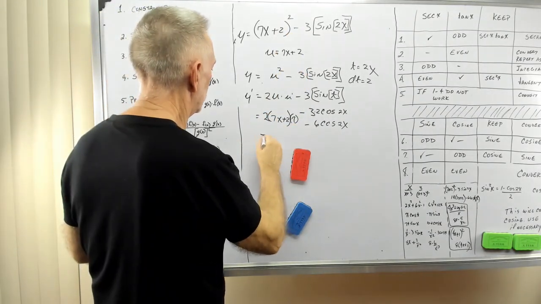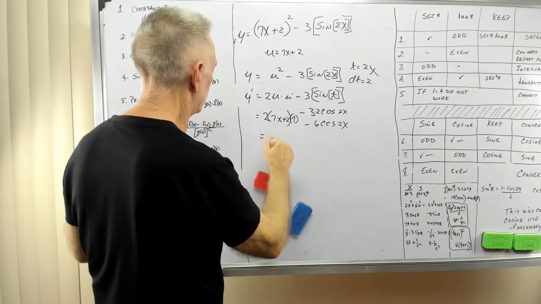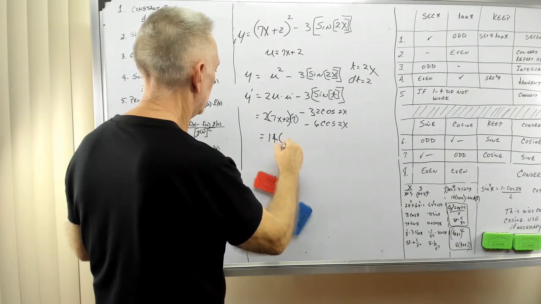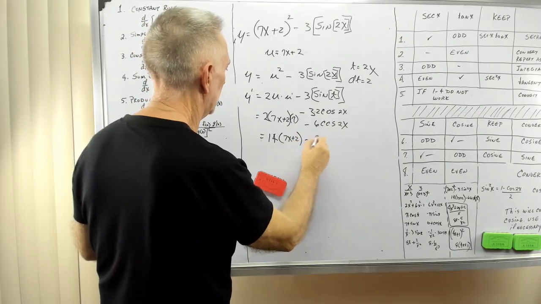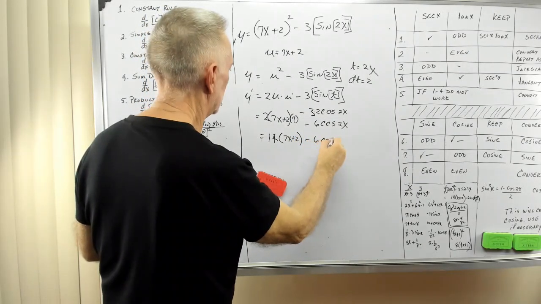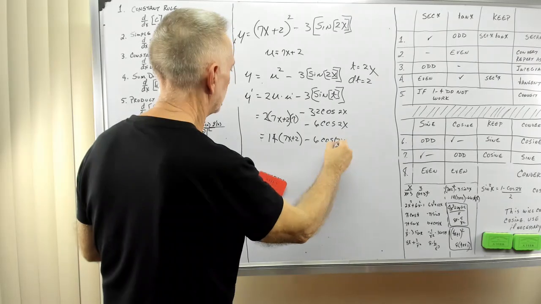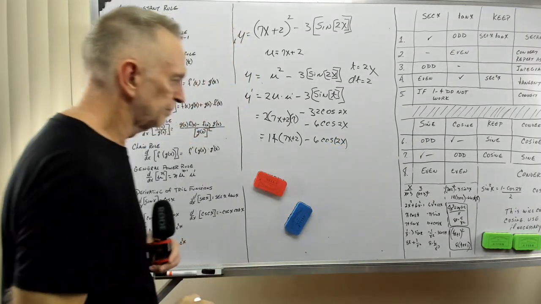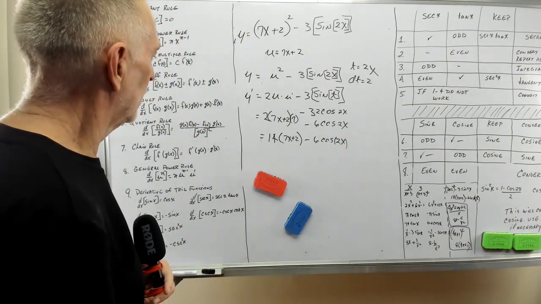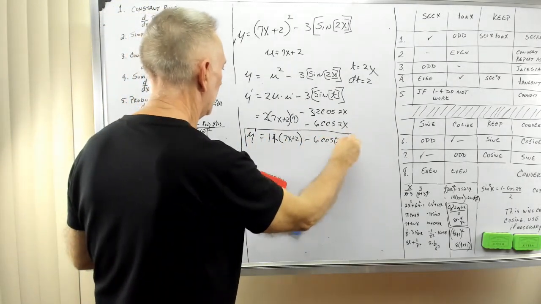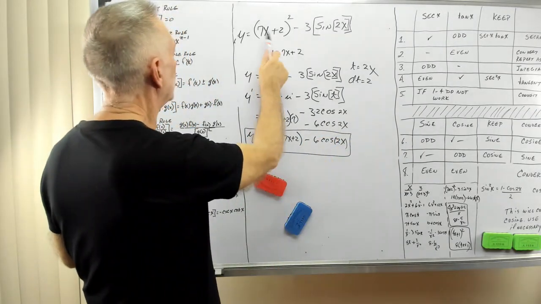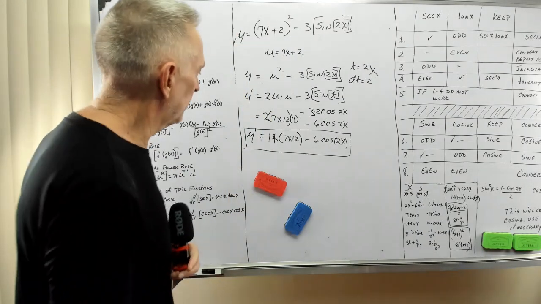So now all of this, 7 times 2 is 14. 7x plus 2, minus 6 cosine 2x. And that would be y prime, the derivative of that equation up here.